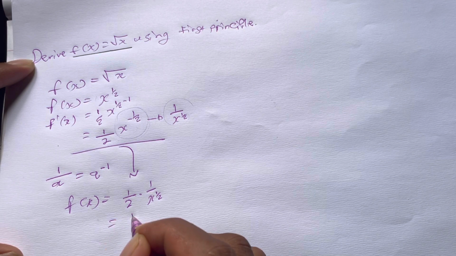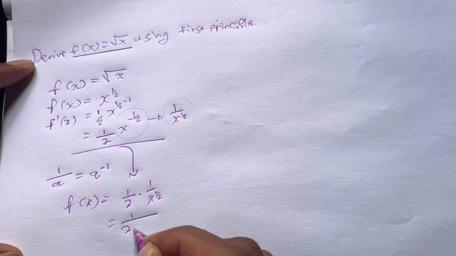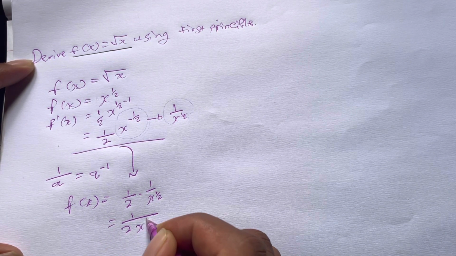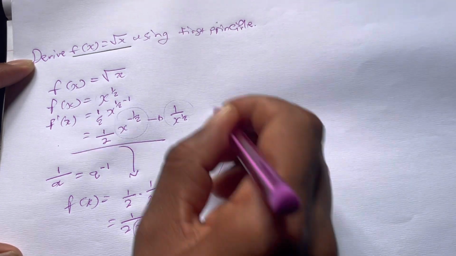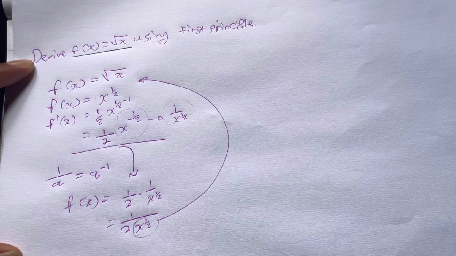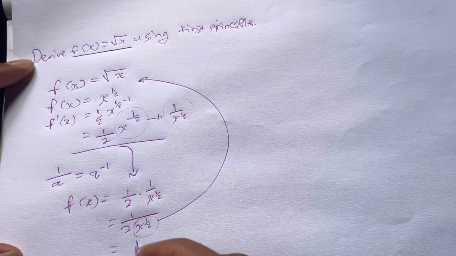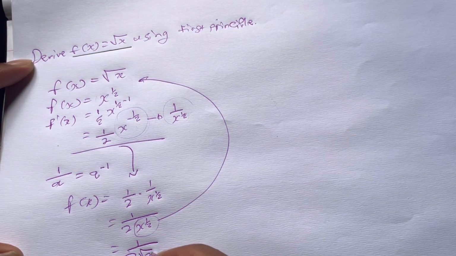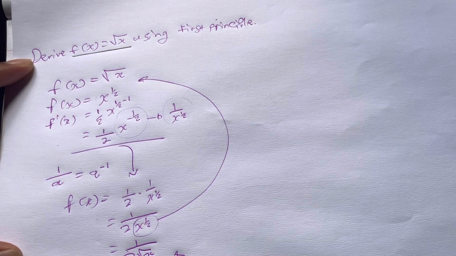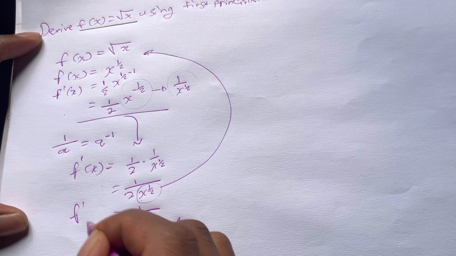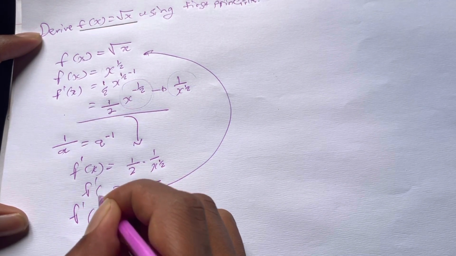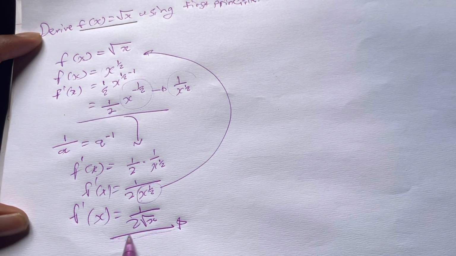So then it's 1 over 2 x exponent 1 over 2. But x exponent 1 over 2 could be written as square root of x. So it's going to be 1 over 2 square root of x. Okay, there. So now we know that our answer should be 1 over 2 square root of x.